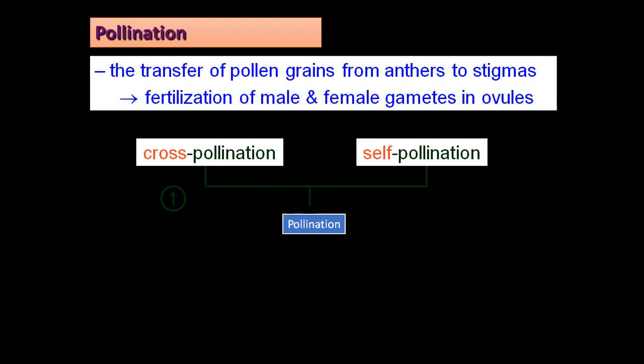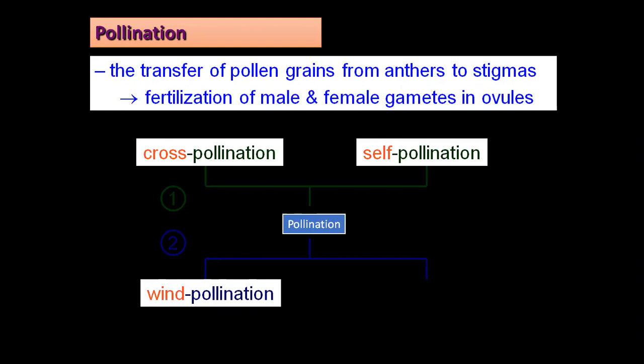Now, on the basis of pollinating agent, pollination is also divided into two other types. Wind pollination is pollination in which wind plays an important role.